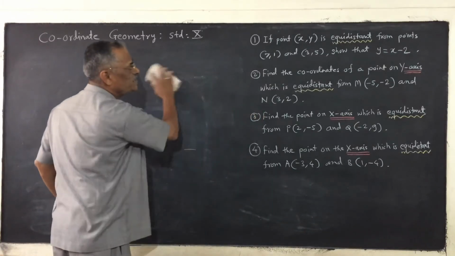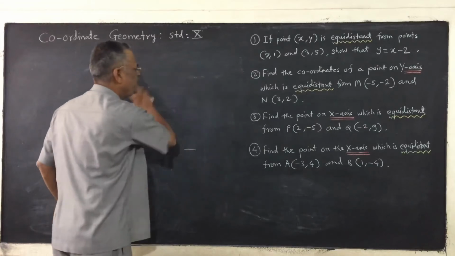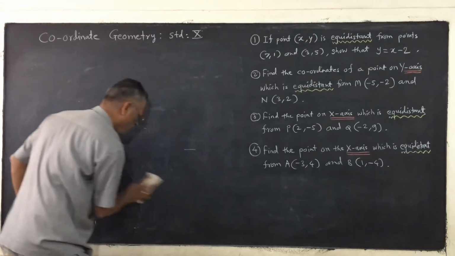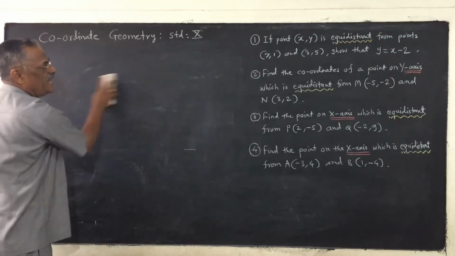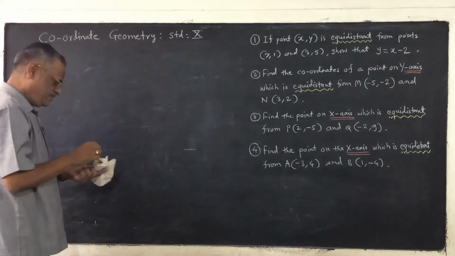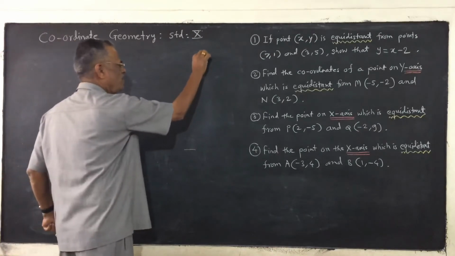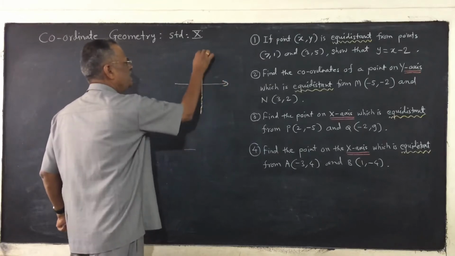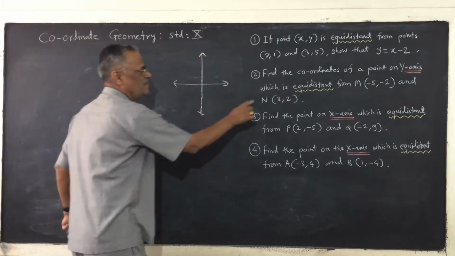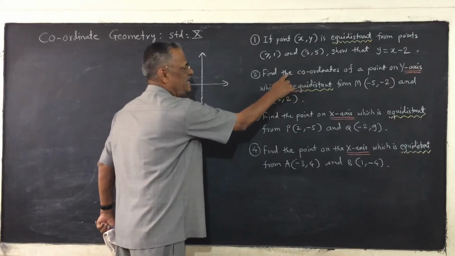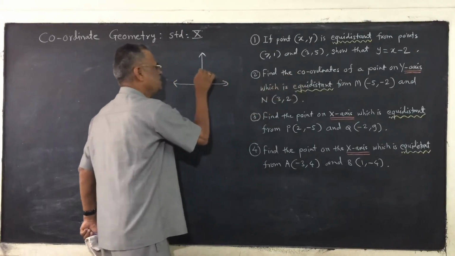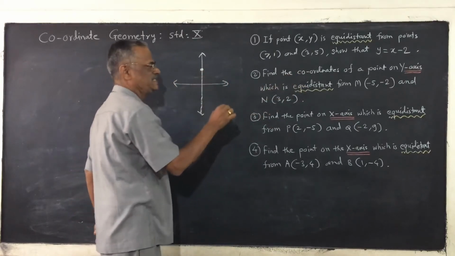The point is on the y-axis and it is equidistant from M and N. You can think about the problem by using a coordinate system. What is given there? It is on the y-axis.